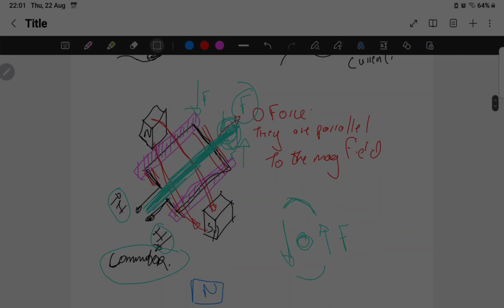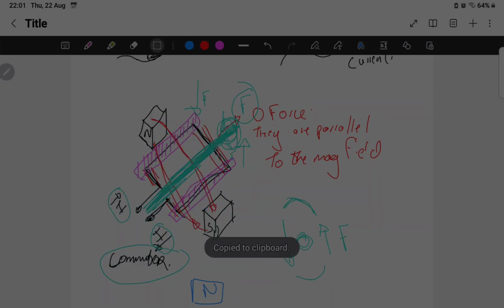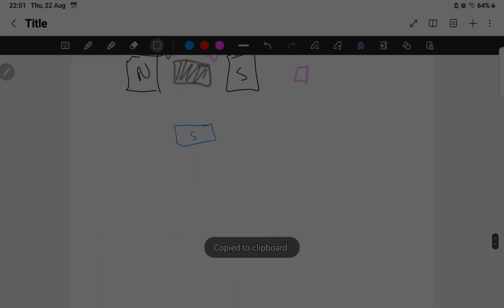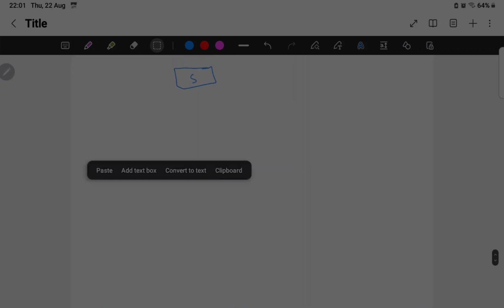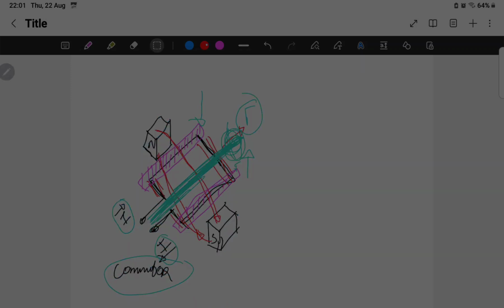So let me just copy this here, copy, paste. So therefore we are going to introduce a commutator over here, guys. So now we have fixed all the problems, and now it will be rotating very, very smoothly.